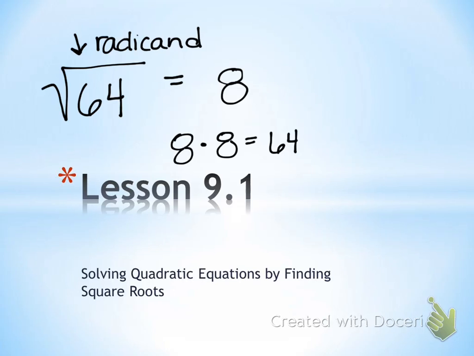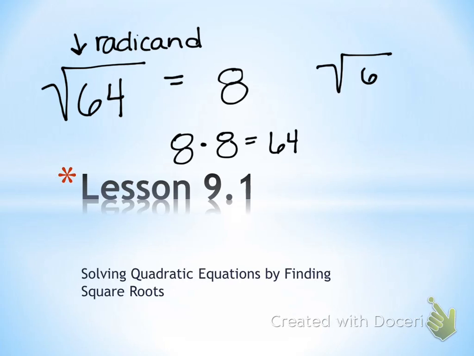Now, most all of you are probably familiar with square roots. You've heard of them before. You've done them before. But I just want to go over this again in case maybe you don't remember it, okay? Now, what if I said, what's the square root of 6? Are there any two numbers that will multiply exactly together to give you 6? 1 times 1 is 1, 2 times 2 is 4, 3 times 3 is 9.